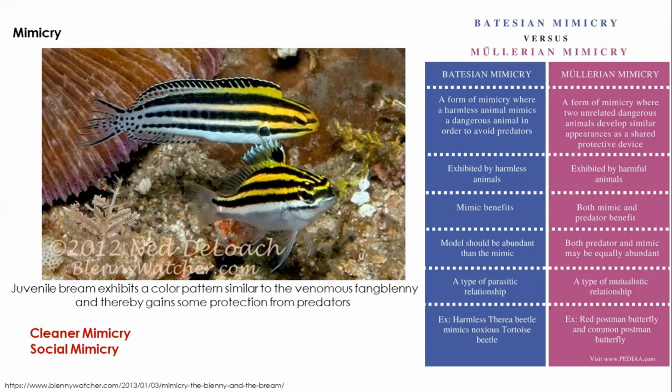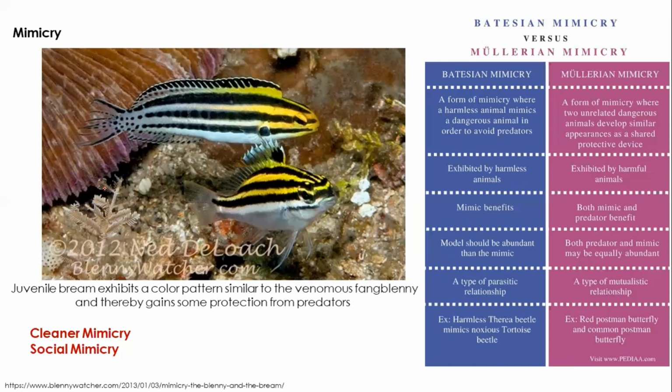Now, if the cat knows that if it behaves like a dog, then it may not be eaten by another dog. Whereas if the dog thinks that if it has some characters which resemble the cat, then it may not be attacked by the cat. So in this case, both animals are dangerous, but both are doing mimicry of some of the characters of each other in order to avoid the predators.